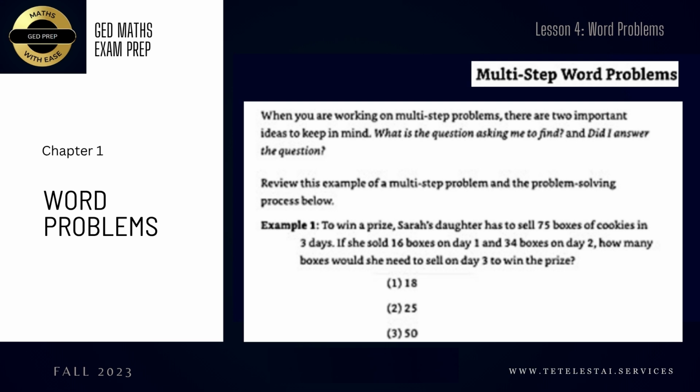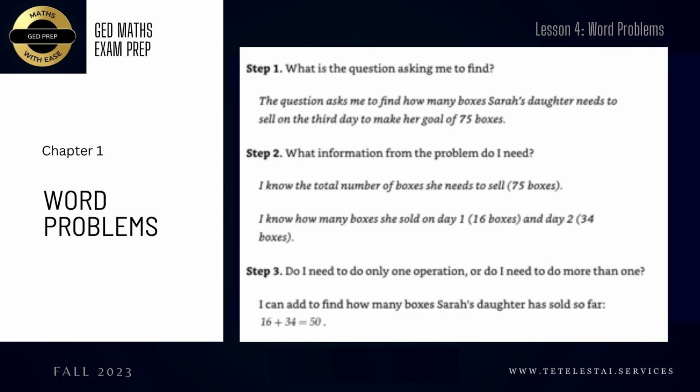Okay, so the first thing we want to ask ourselves is, what is the question asking me to find? So the question is asking us to find how many boxes Sarah's daughter needs to sell on the 3rd day to make her goal of 75 boxes, right?